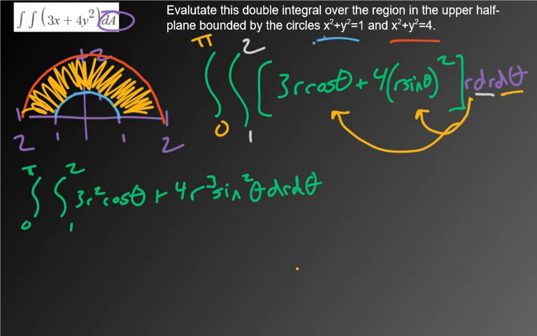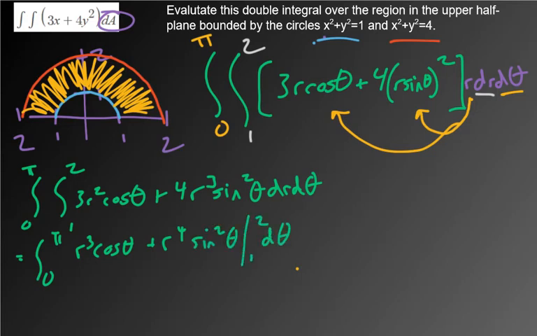The dr is a nice integral because it's a polynomial integral. So you'll have r cubed over 3, and then that cancels there, and then r to the 4th over 4, and so the 4's cancel there. So this whole thing becomes r cubed cos theta plus r to the 4th sine squared theta, evaluated from 1 to 2, d theta.